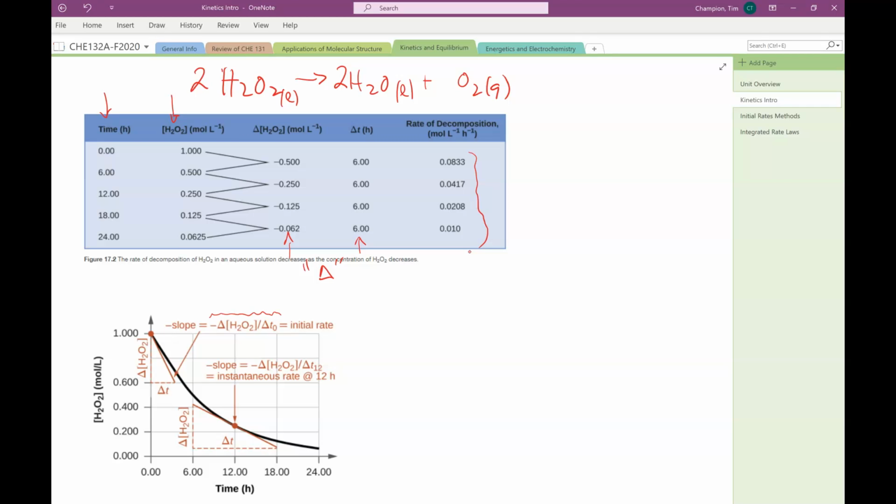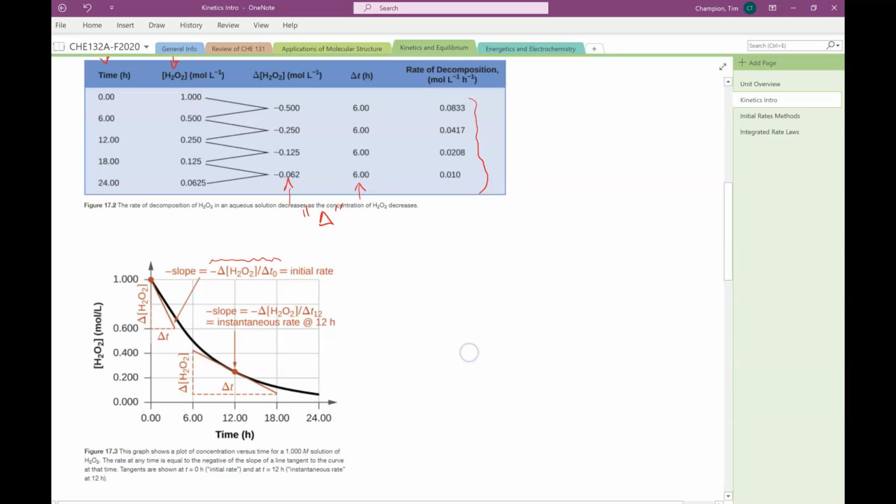So what you have down here below, this is figure 17.3, is a graph of these data. You have the actual data points. So this data point right here is this data point here, for example, and you see that it curves.